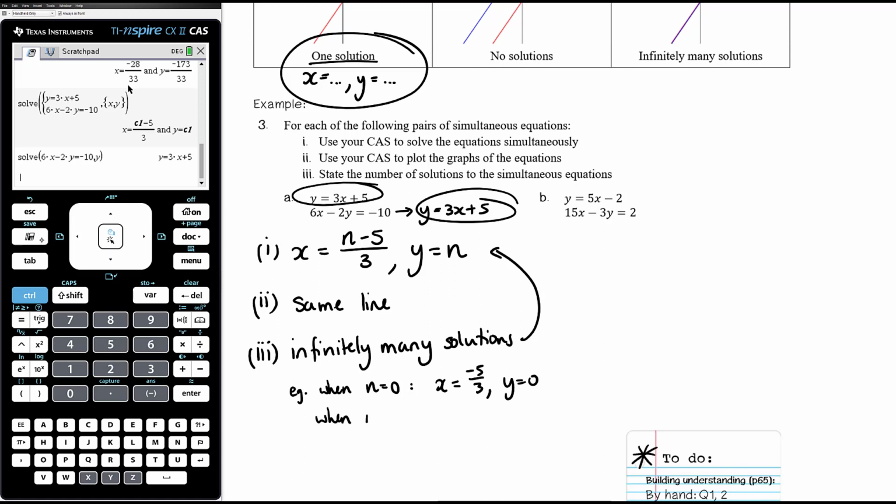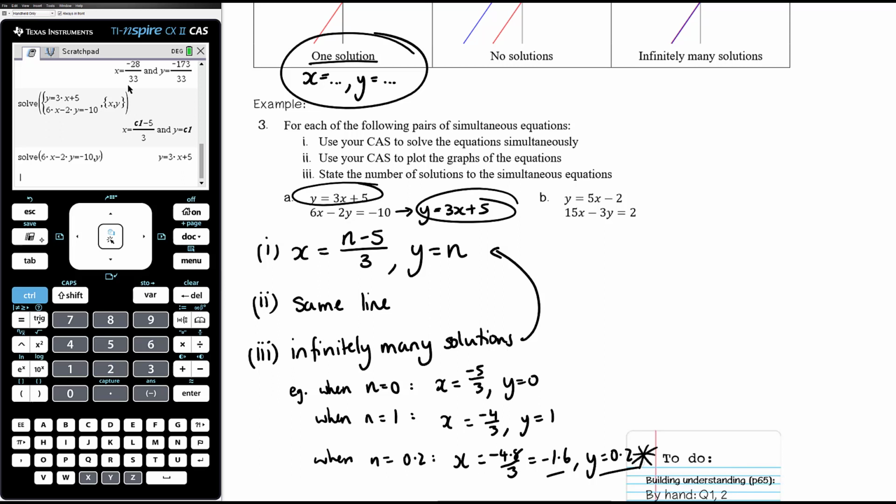When n equals 1, x will equal 1 minus 5, which is negative 4 on 3, and y will equal 1. When n is equal to 0.2, for example, x will equal 0.2 minus 5, which is minus 4.8 on 3, which is minus 1.6, and y will equal 0.2. Okay, there's another possible solution.